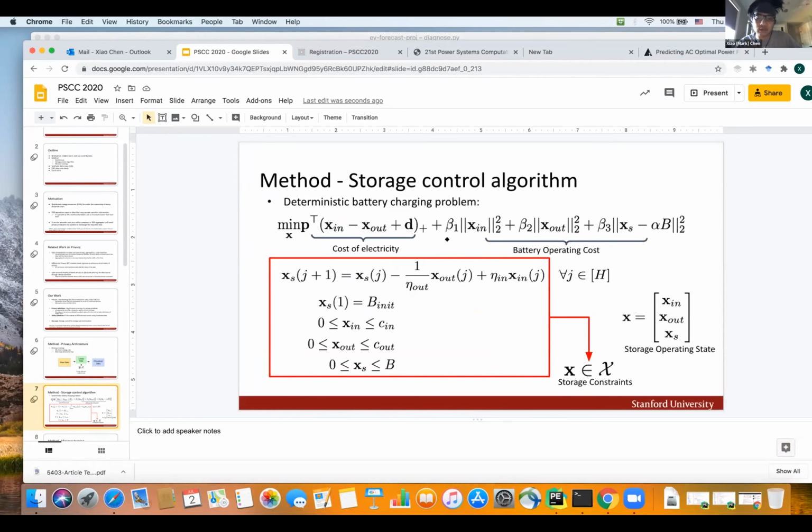If beta is super large, then the X norm will be very close to 0, which means that there won't be any power to charge or discharge for the battery. So in this context, we put beta at a small value, I believe 0.001, something like that. The scale is very small, just to give a tiny incentive for the battery to not oscillate too frequently.